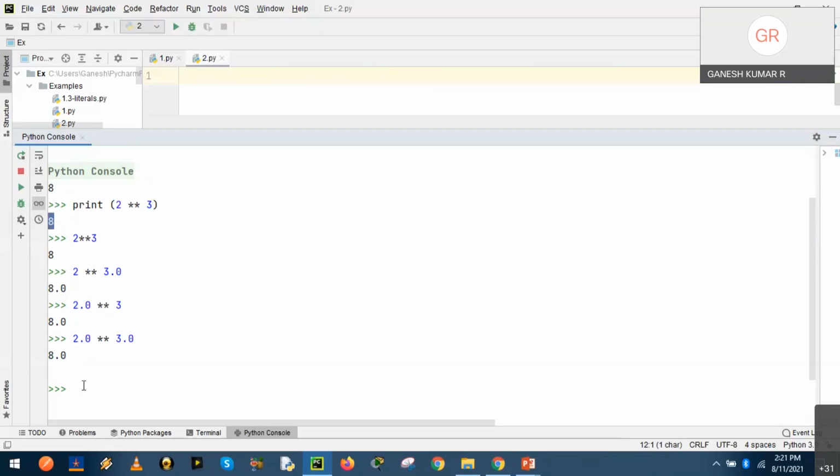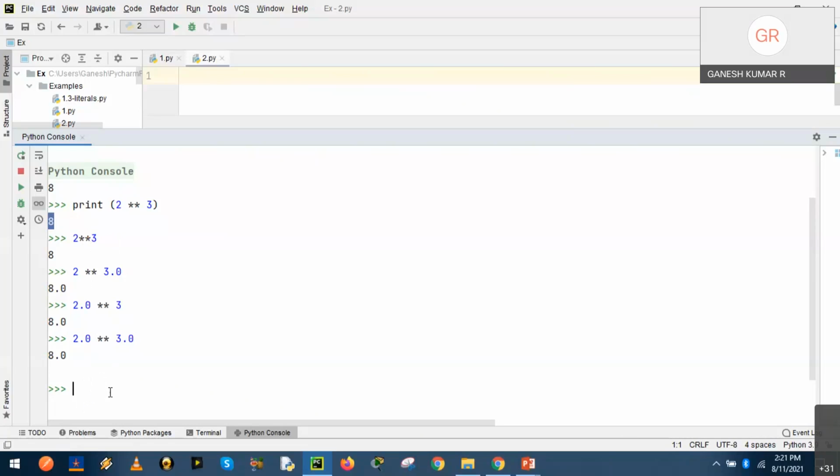All right. Now, the second operator is multiplication. We are discussing the precedence, because exponentiation has the highest priority among arithmetic operators. That is the reason we started with exponentiation. The second priority goes to multiplication.